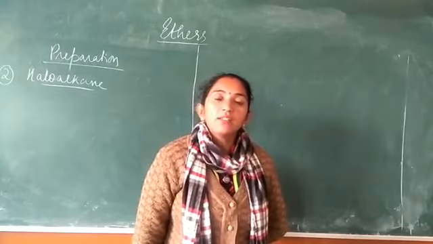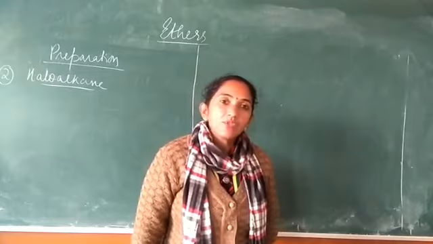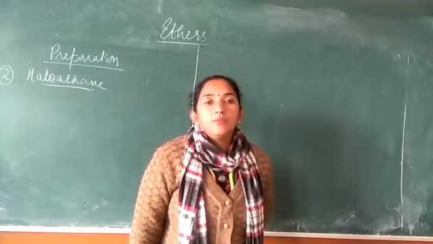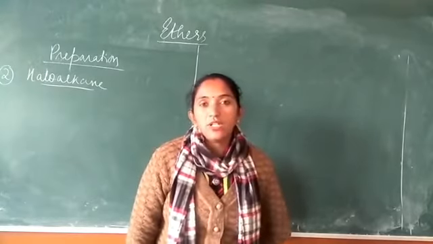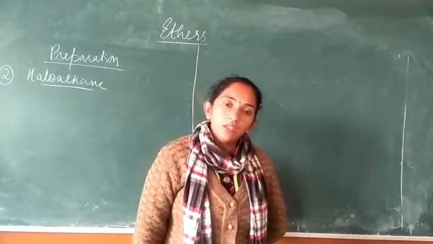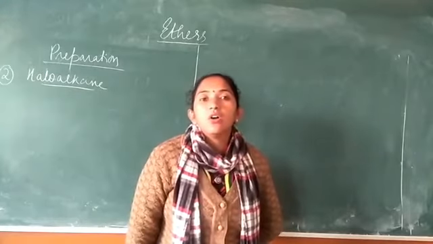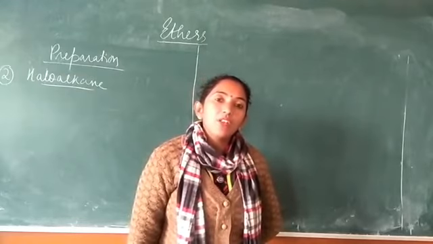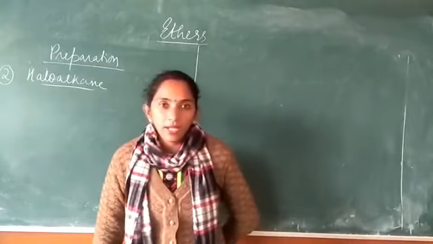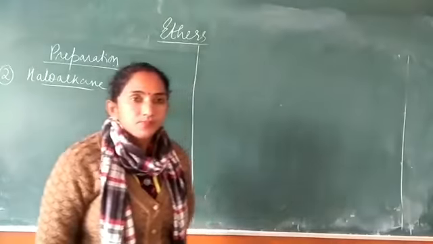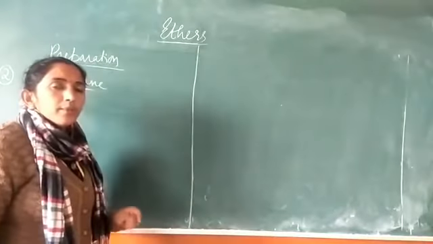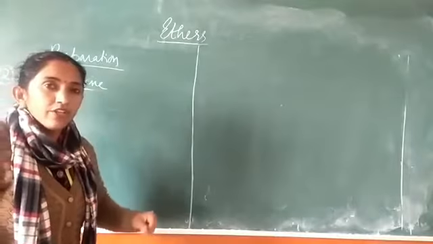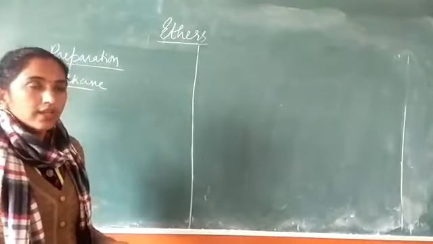If we take a secondary alcohol, there will be formation of alkene along with the ether, and if a tertiary alcohol is taken, only alkene will be the product, we will not get the ether. So if we want to prepare the ether, we will use primary alcohol, right?